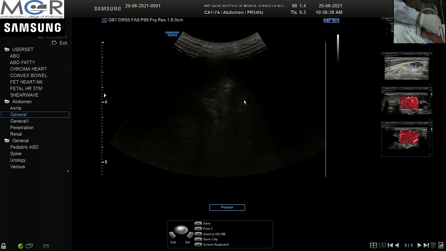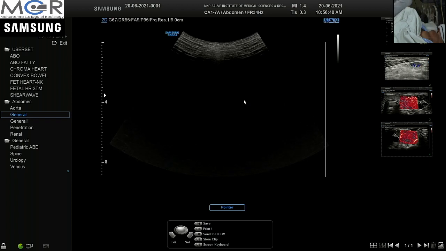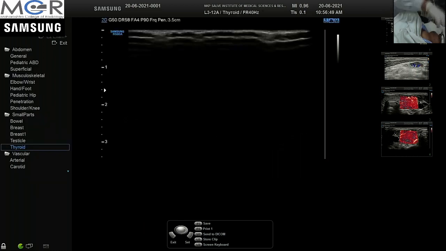Okay, now we will quickly see whether there are any lymph nodes, especially on the right side, because she has a long standing right neck swelling.